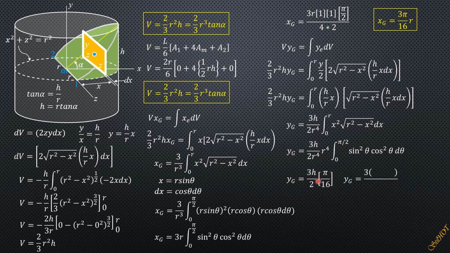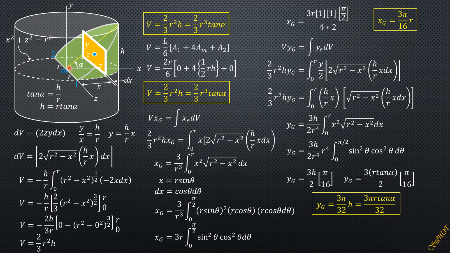Because h is r tangent alpha, it is also 3 pi r tangent alpha over 32. Sorry, h is r tangent alpha. So yg is equal to 3 pi over 32 times h, or 3 pi r tangent alpha over 32.